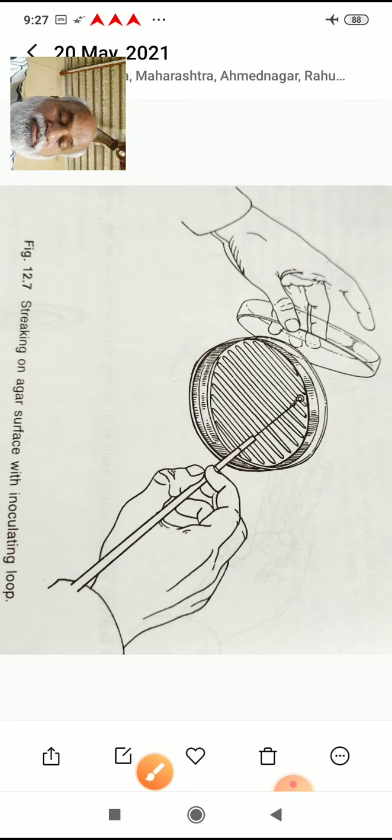So first we will go towards what is the streak plate method, how microbiologists can isolate the pathogen to get its pure culture. The most commonly used method is the streak plate method, used to isolate and to get pure culture of bacteria.